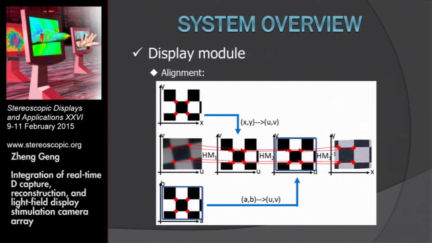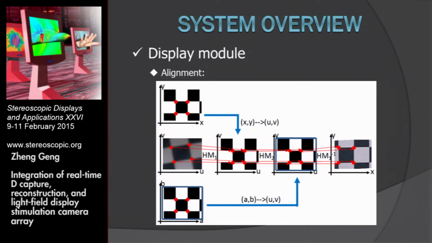So alignment is needed, and we use the homographic transform, and there is a coordinate unification step. This tilted image is captured by the camera, so the coordinates are camera-determined, and the standard chessboard image is in the image coordinates, and there is also the screen.